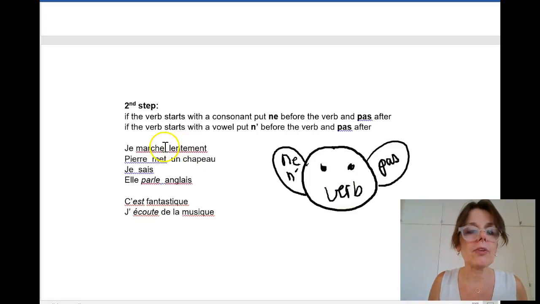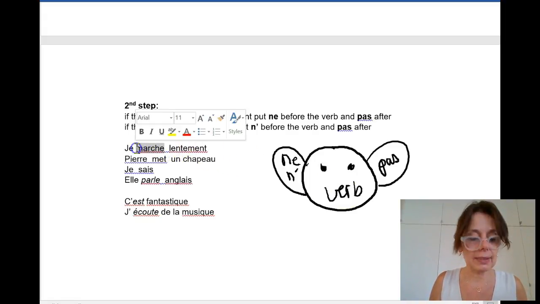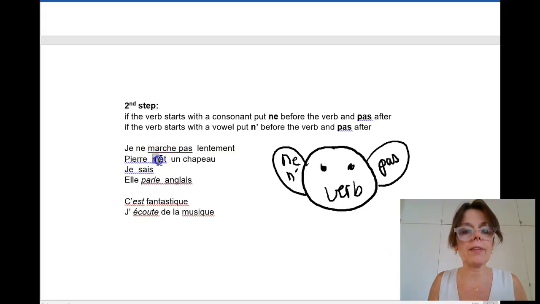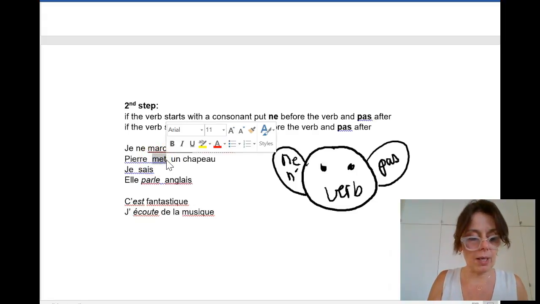I've already underlined that. I know that's my verb. It starts with a consonant, so I put ne before and I put pas after. Okay, a little space. Pierre met, you remember I said met is my verb.